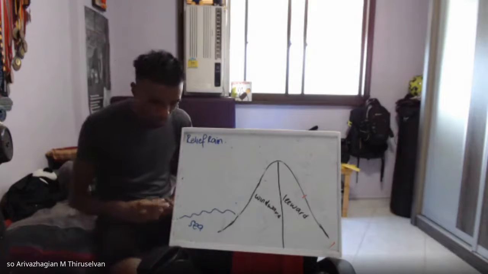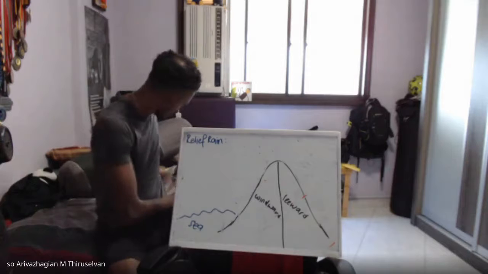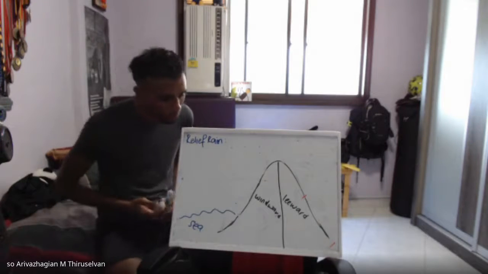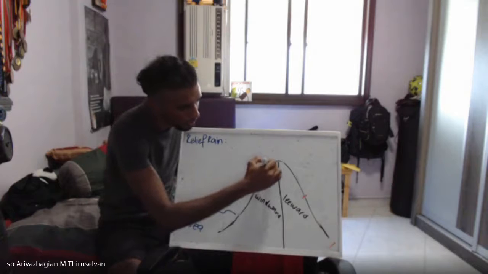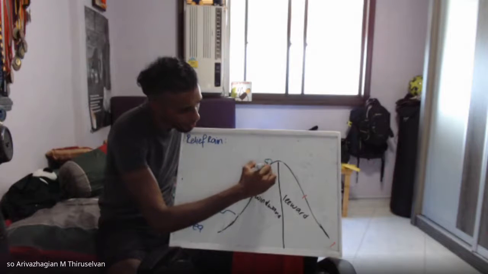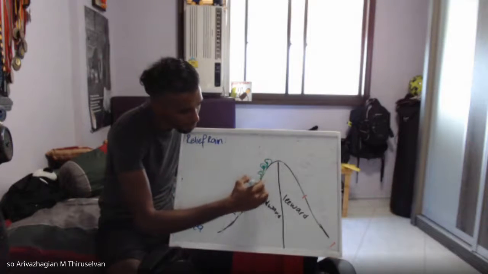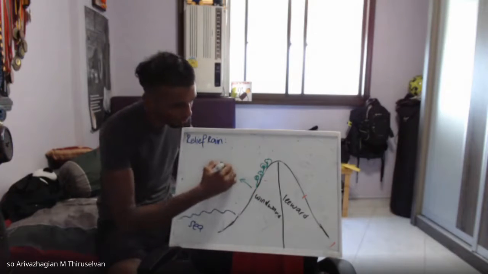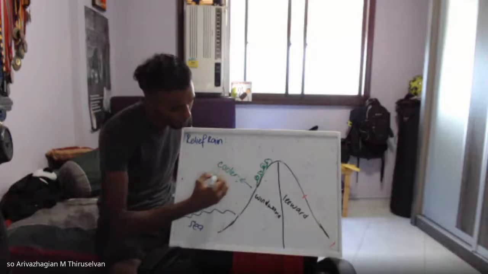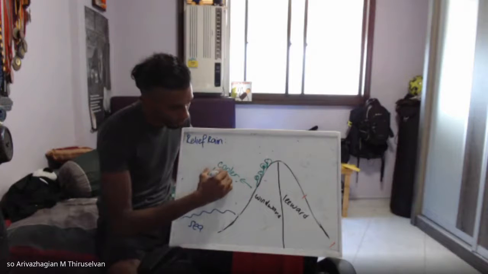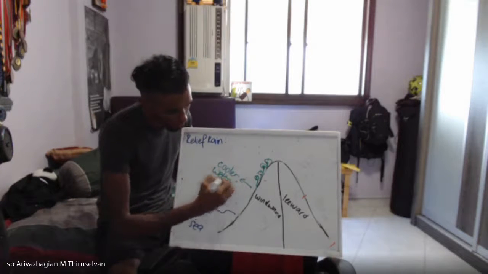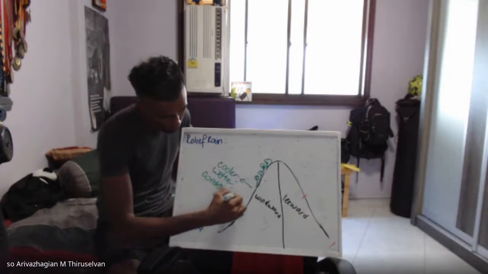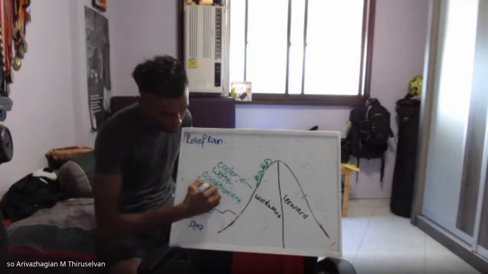On the windward side of the area, you can have forests, you can have plantations. Usually, this area is cooler, wetter, and conditions are less harsh.